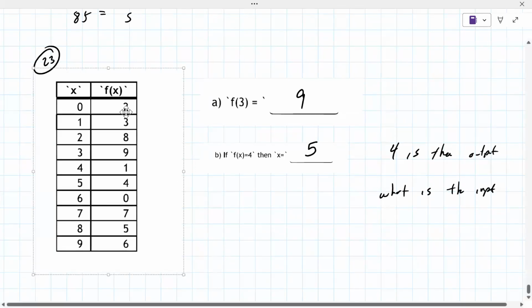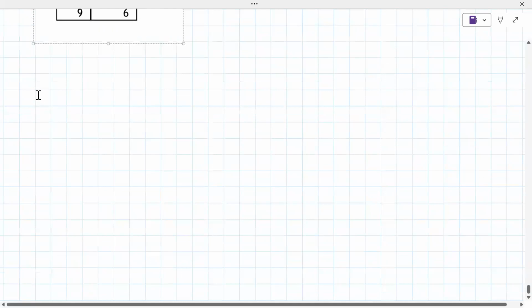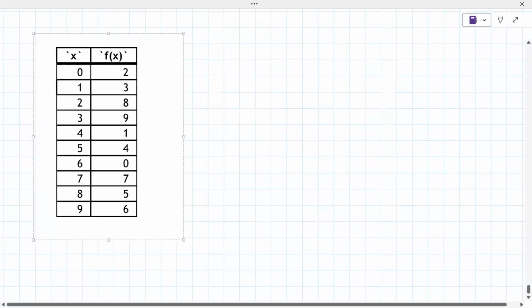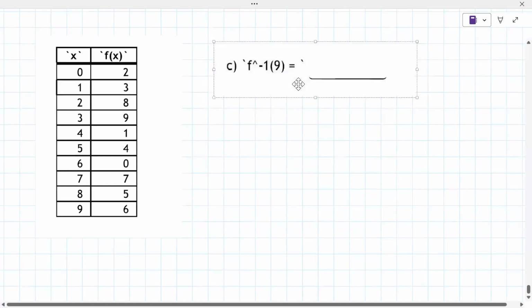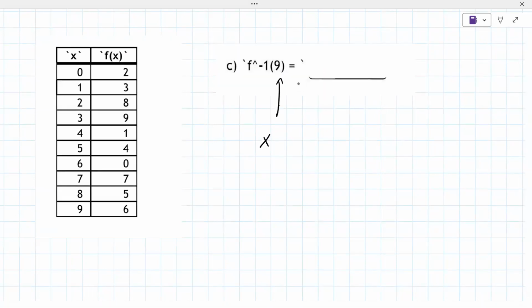Part C and D are these inverse things. This will probably be further confusing, but we'll try it out. Normally the number in parentheses is x, but because it's f inverse, it's now y.